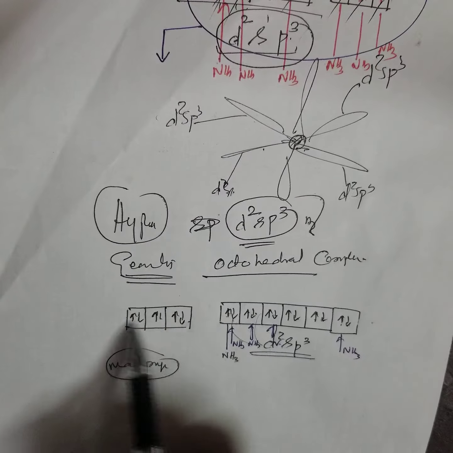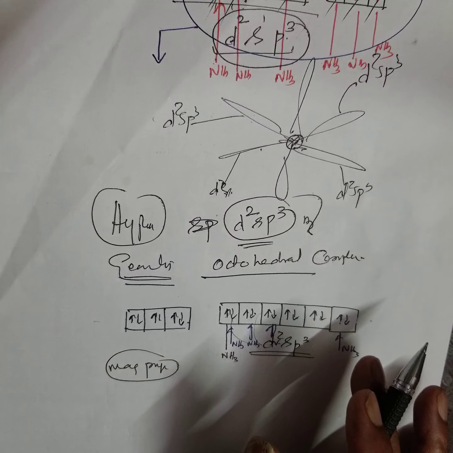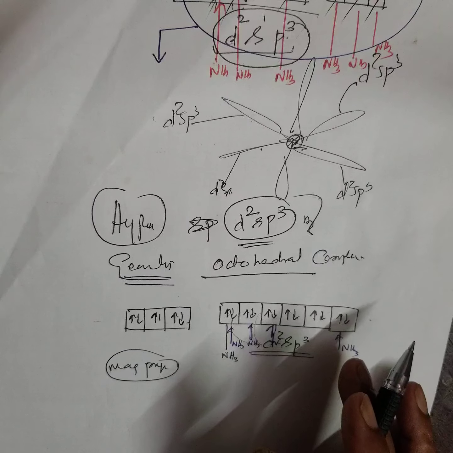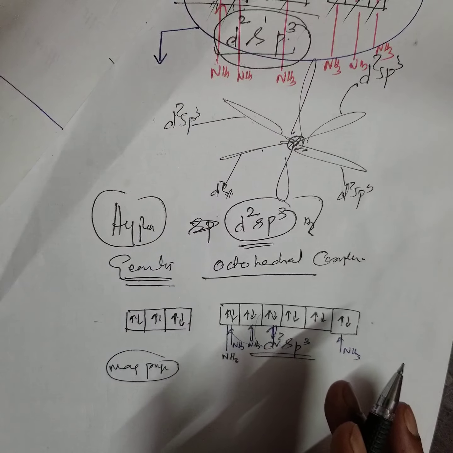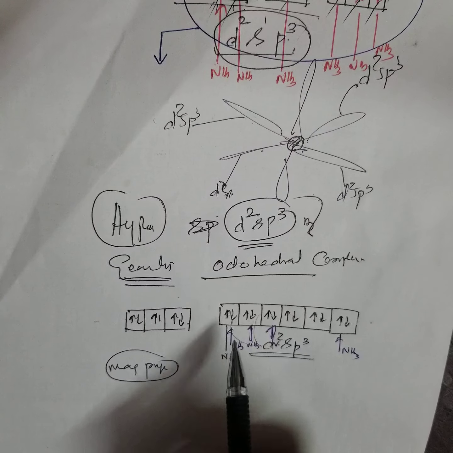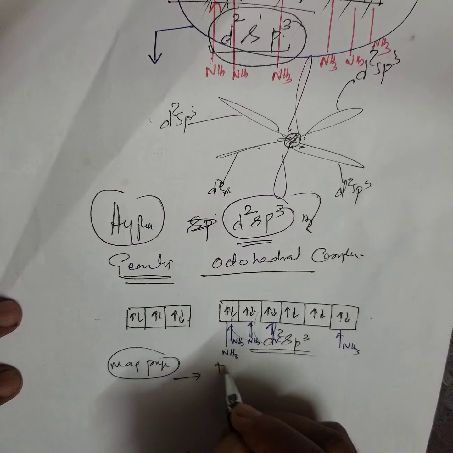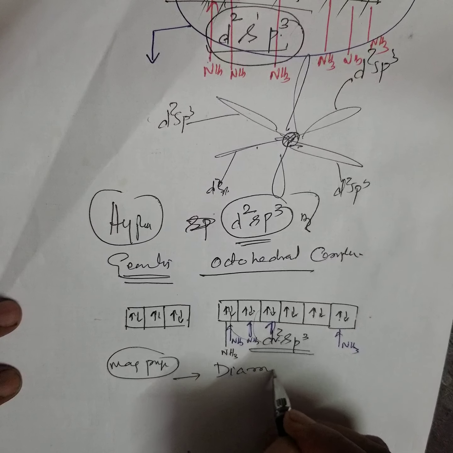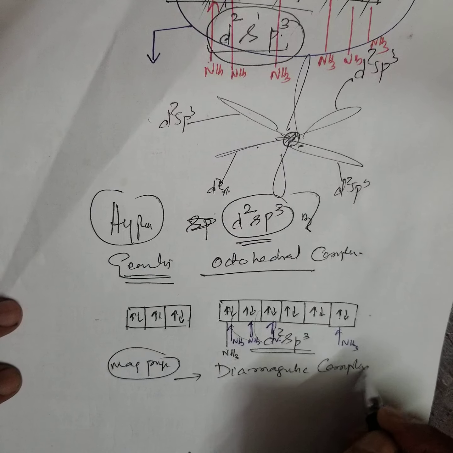They are paired up. Therefore, there is no free electron. Earlier that was paramagnetic. This is a diamagnetic complex.